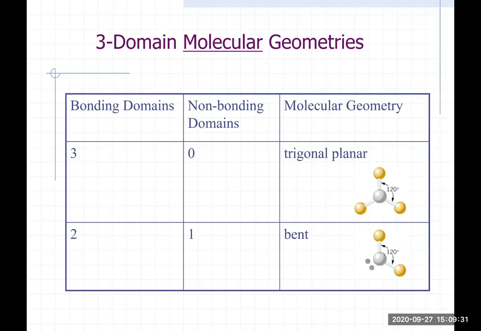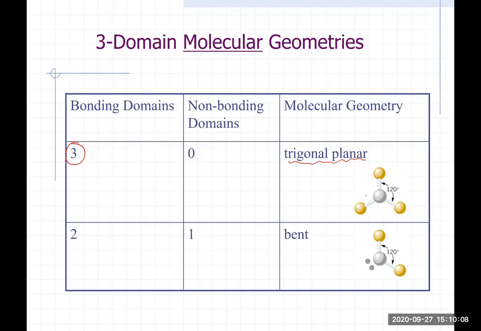But if we have 3 electron domains associated with our molecule, and we're evaluating molecular geometry, 3 domains that are bonding with 0 non-bonding domains gives us trigonal planar geometry. Now remember, we had trigonal planar geometry for the electron geometry. So let's evaluate the situation for electron geometry and compare it to molecular geometry.